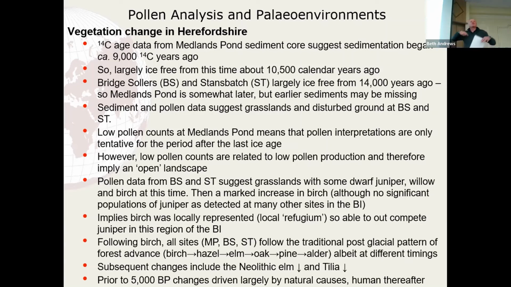And then subsequent human-driven changes: we can chart the Neolithic elm decline and the Tilia decline during the Neolithic and Bronze Age periods. So prior to about 5000 BP, these changes are driven largely by natural causes, such as climate change and increased moisture and temperature, but after about 5000 BP, humans are having more impact on the environment of the British Isles.